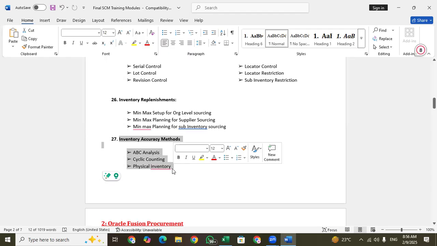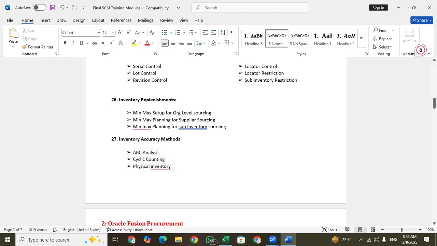See, for example, your dad's purse has 5,000 rupees at night. In the morning, it has only 4,000. So what happened? 1,000.